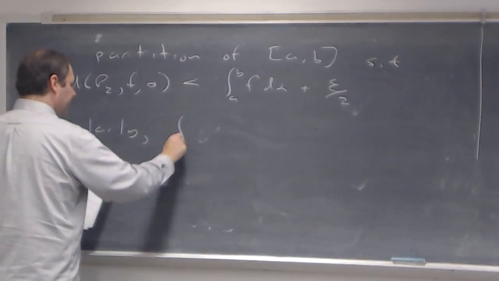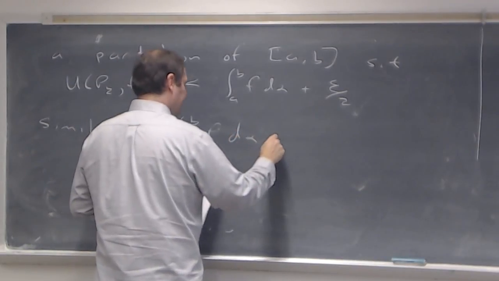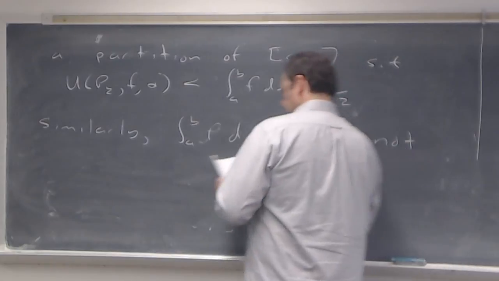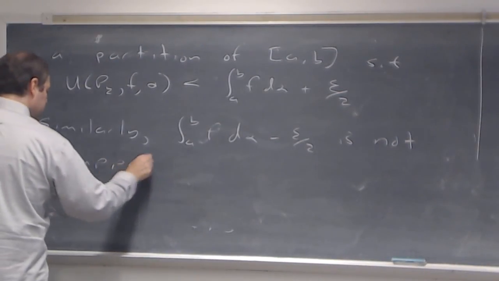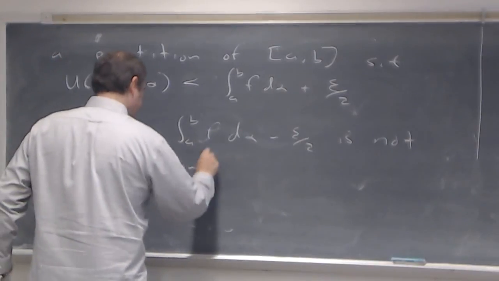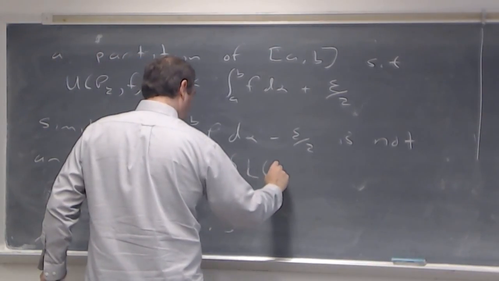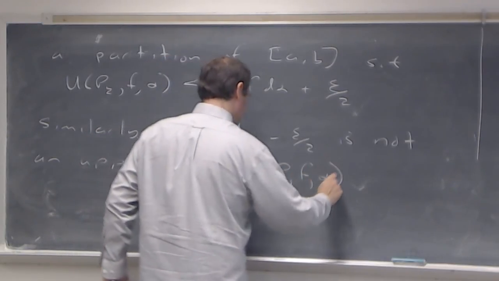Similarly, what we have is that the Riemann-Stieltjes integral of F with respect to alpha minus epsilon over 2 is not an upper bound for the set of all lower sums, partitions P, F, and alpha.